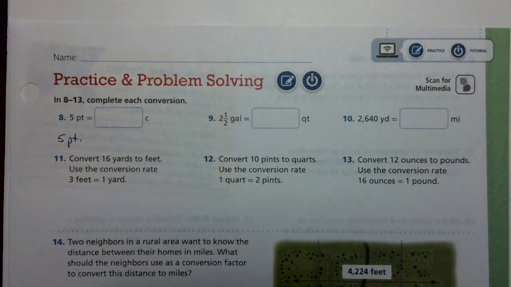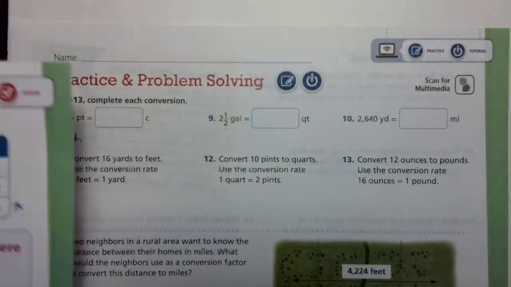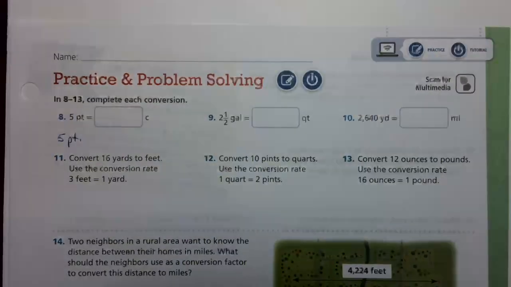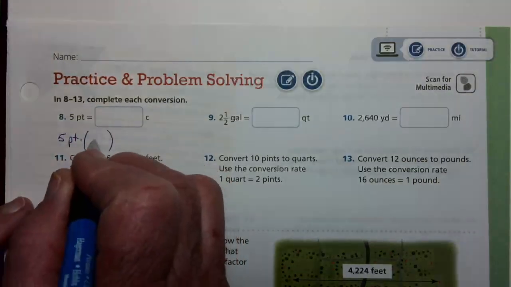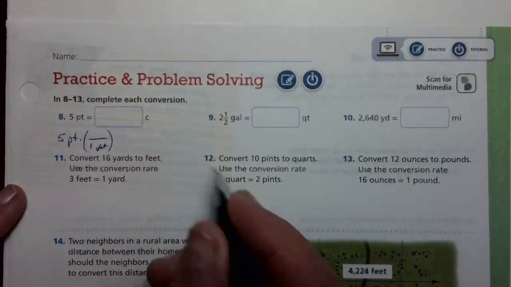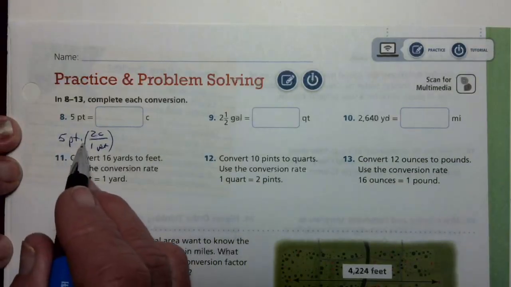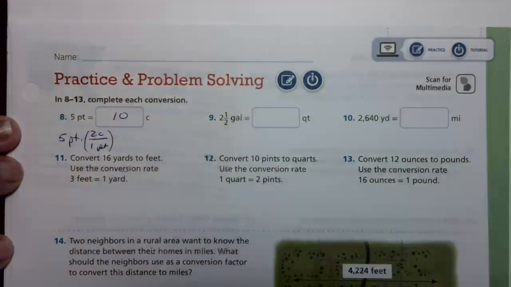You've got to go find your fact. 1 pint is 2 cups. The 1 pint has got to go in the bottom, and the 2 cups have got to go in the top. So it's 5 times 2, so it is 10 cups. You've got to have room to do this. You may run out of room on some of these.